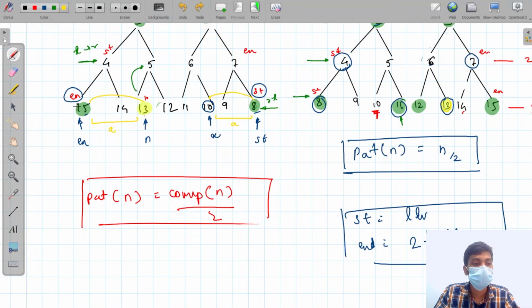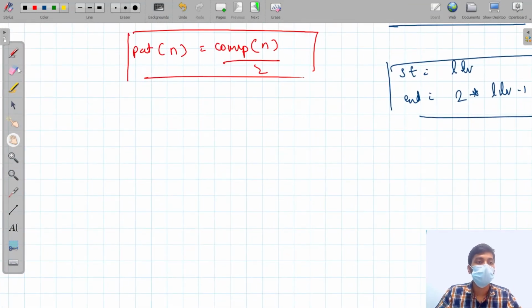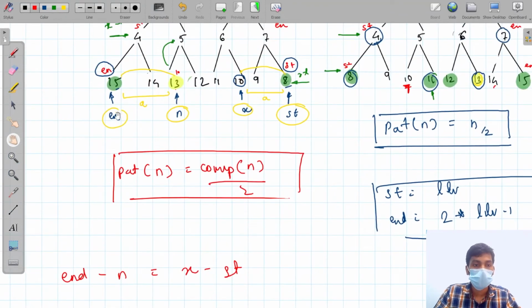Now if we use these 4 pointers and the relation between them, how are we able to get the answer? Can we say that end minus n is equal to x minus starting point? The distance between these two is going to be equal, right?